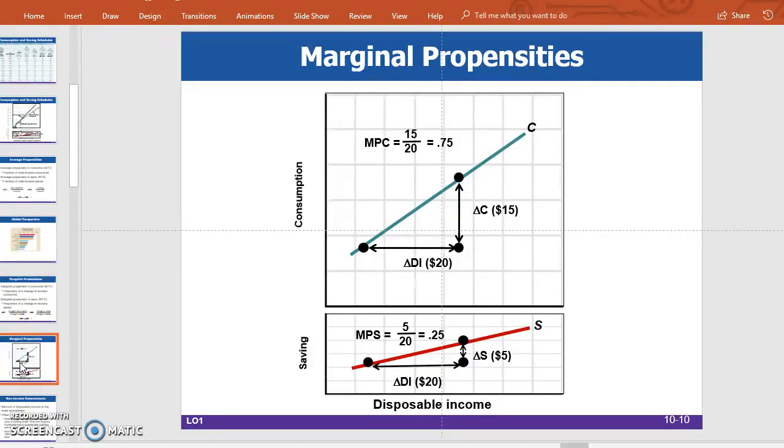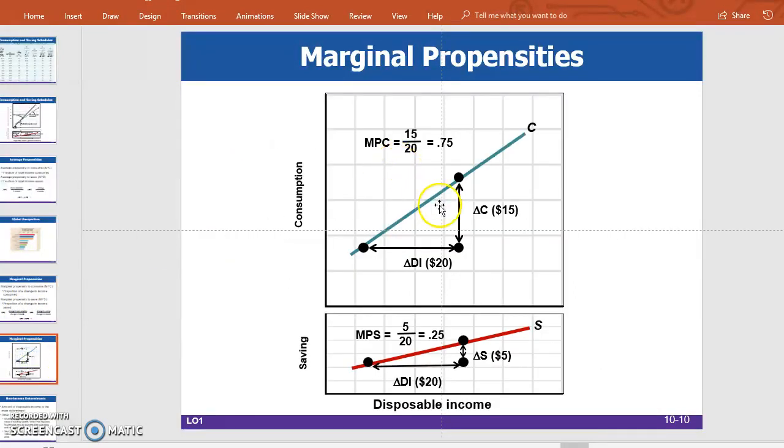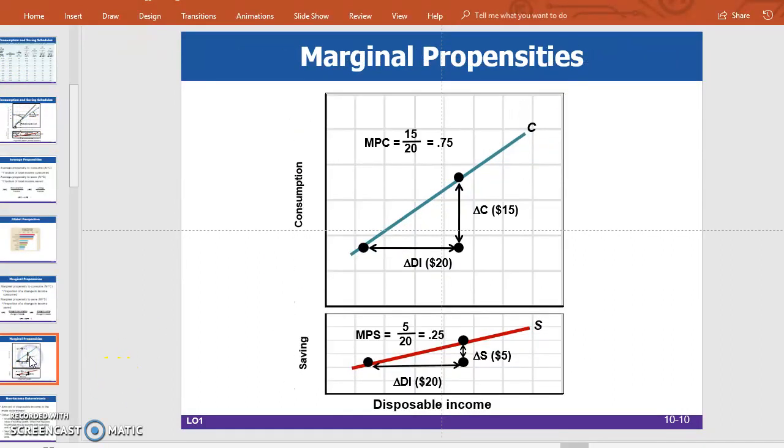Okay. Now let us relate this MPC and MPS to the concept of the slope of the consumption curve and the slope of the savings curve respectively. The blue line, that is the MPC, is the slope of that blue consumption line. We reproduce this here in the upper panel, and change in consumption is 15 for a corresponding change in income of 20.